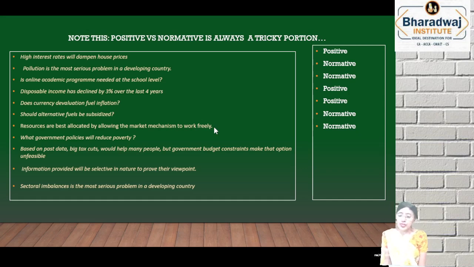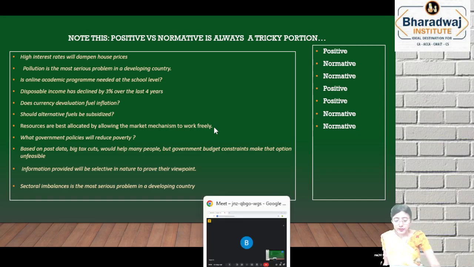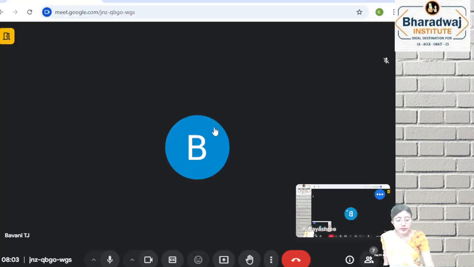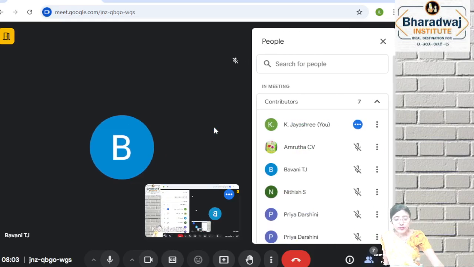What government policies will reduce poverty? Any online student will interact? Will you be able to give answer for this? What government policies will reduce poverty? Online student, you will be able to give answer.